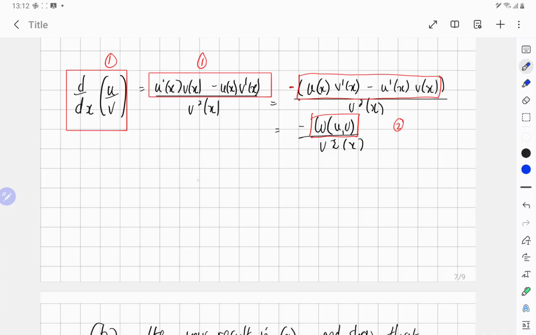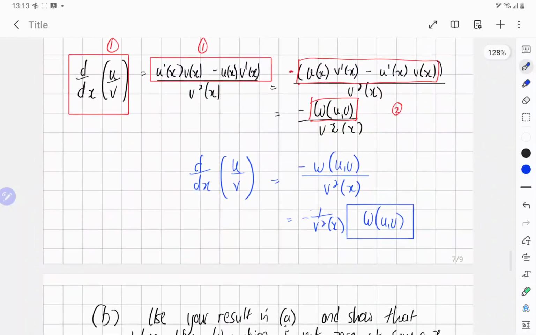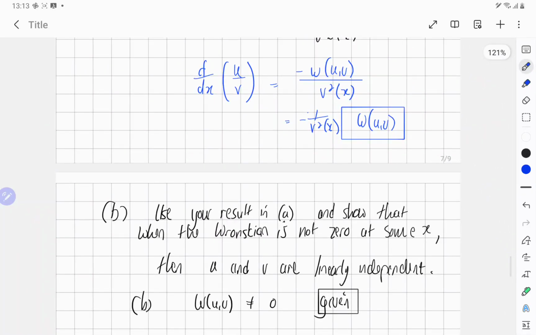So let's see if we've answered the question. We did express the derivative of u over v in terms of the Wronskian of u and v. To express just means we can have a scalar multiple times whatever they wanted us to express it in terms of. So that is very important.